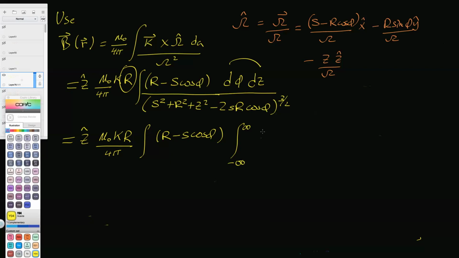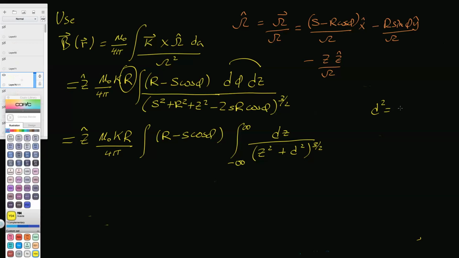And that is dz over z squared plus d squared to the 3/2, where I'm just grabbing everything and putting it into d squared.